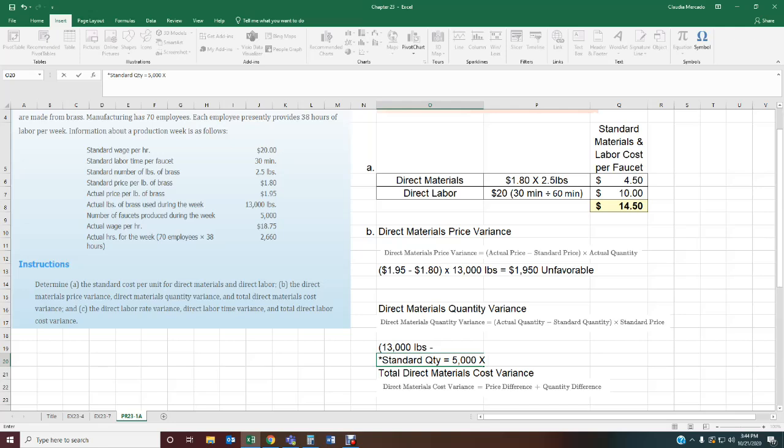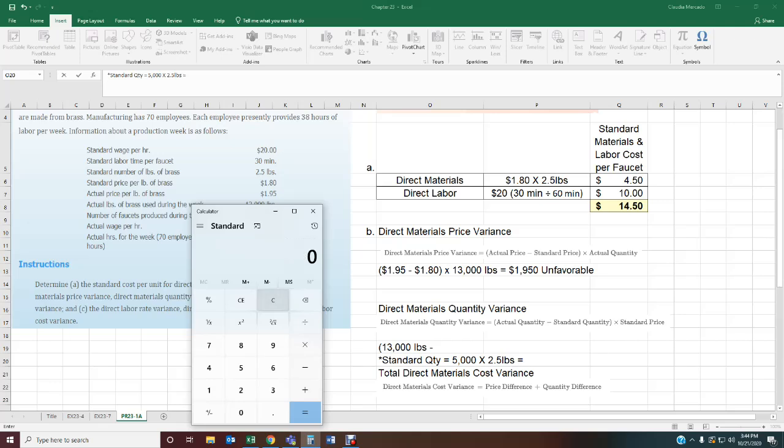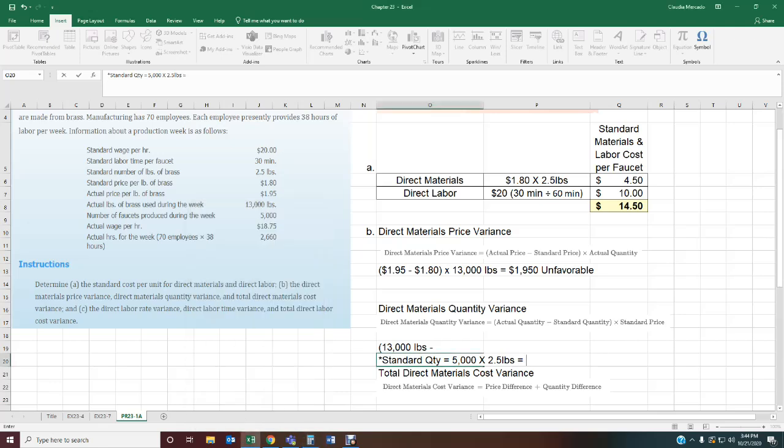My standard number of pounds of brass per faucet is 2.5 pounds. So if I multiply 5,000 times 2.5 pounds, that gives me 12,500 pounds.